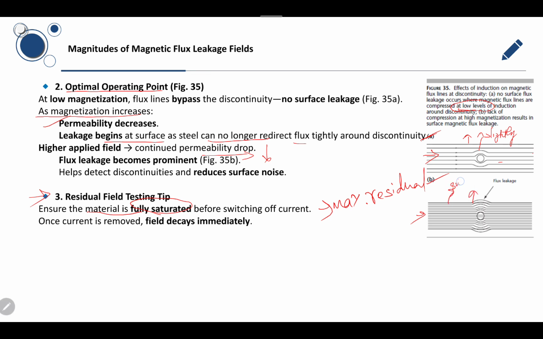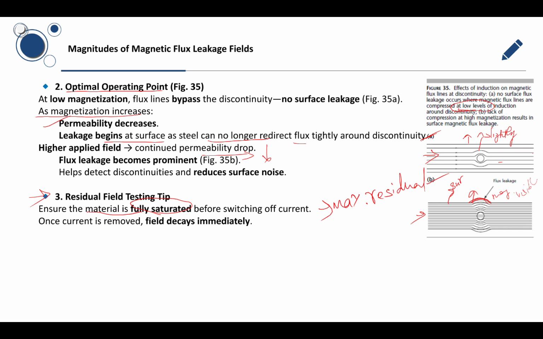This is the surface. This is the leakage, creating a magnetic leakage field. This leakage attracts the magnetic particles, forming a visible indication of the flaw. So high magnetization, surface flux leakage, the flaw becomes visible during the testing.